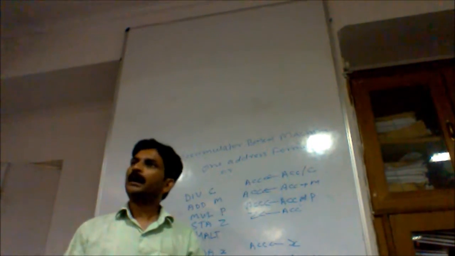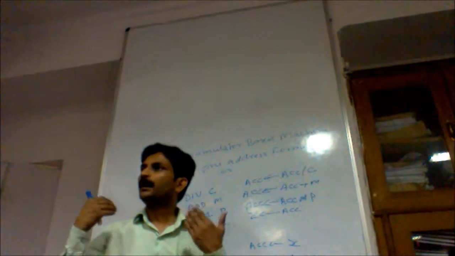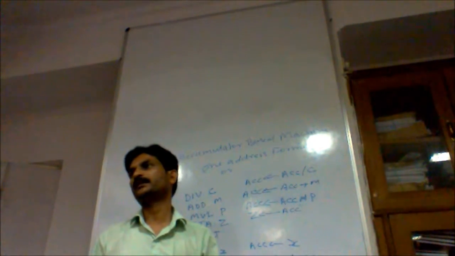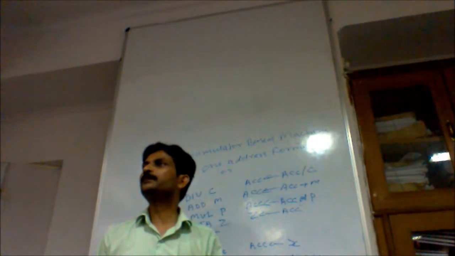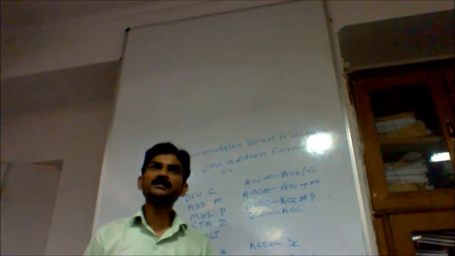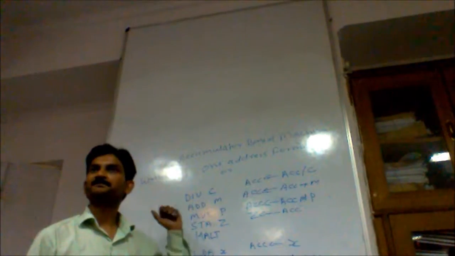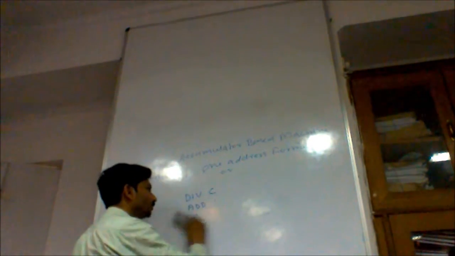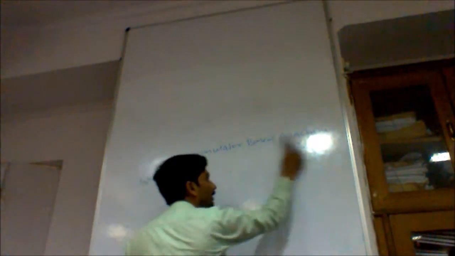Another kind of machine is a stack based machine, where only the zero address format is used. That is known as machine zero. It means there is no operand. See here, in a stack based machine, operand is not used.